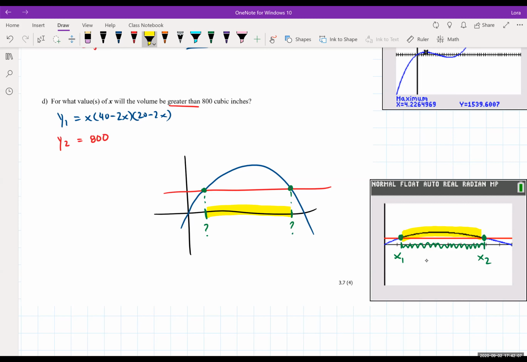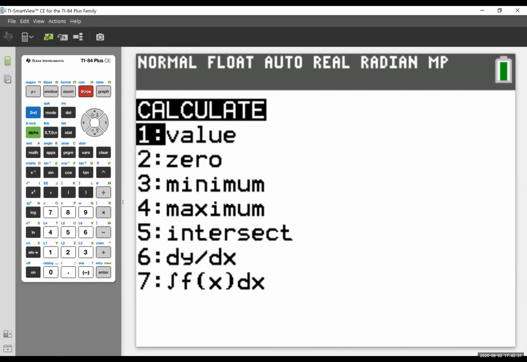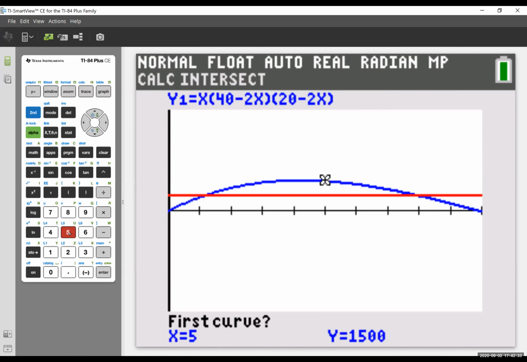So this is again where we would take our TI. It's a little harder to solve this polynomial equation analytically, so we're going to utilize, we already have a graph. Let's go back one more time and calculate this together. What's our favorite button? Second, trace. Yep. And we're going to calculate, this time it's our intersections.